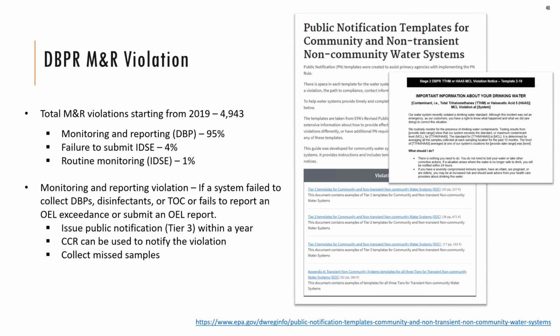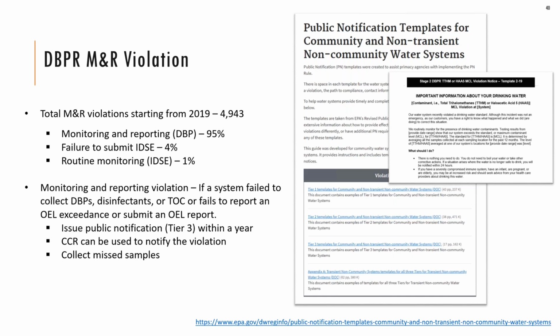So this is the year of routine monitoring to determine new sites. Specifically, a monitoring and reporting violation occurs if a system fails to collect routine samples for DBPs, disinfectant residuals, or TOC, or fails to report an OEL exceedance or submit an OEL report to the state, along with failing to report an IDSE.